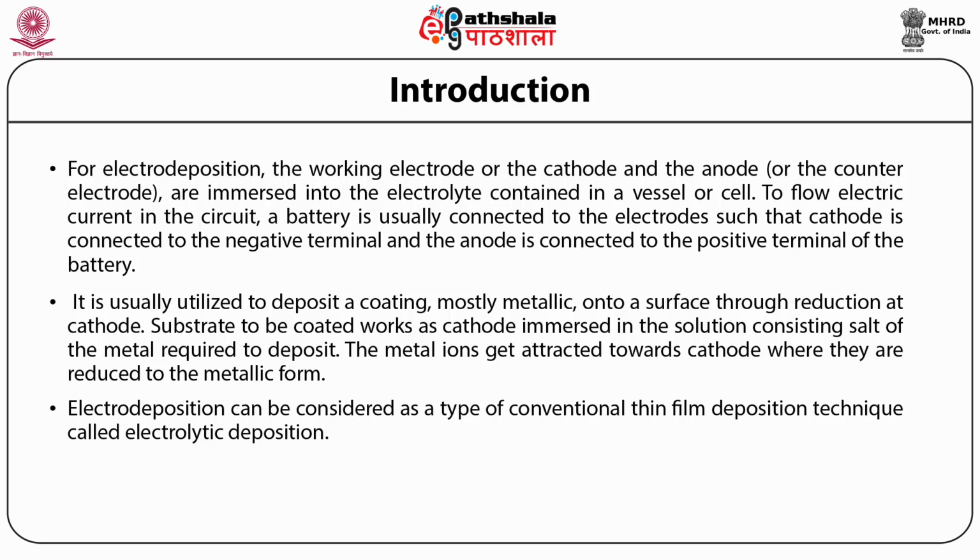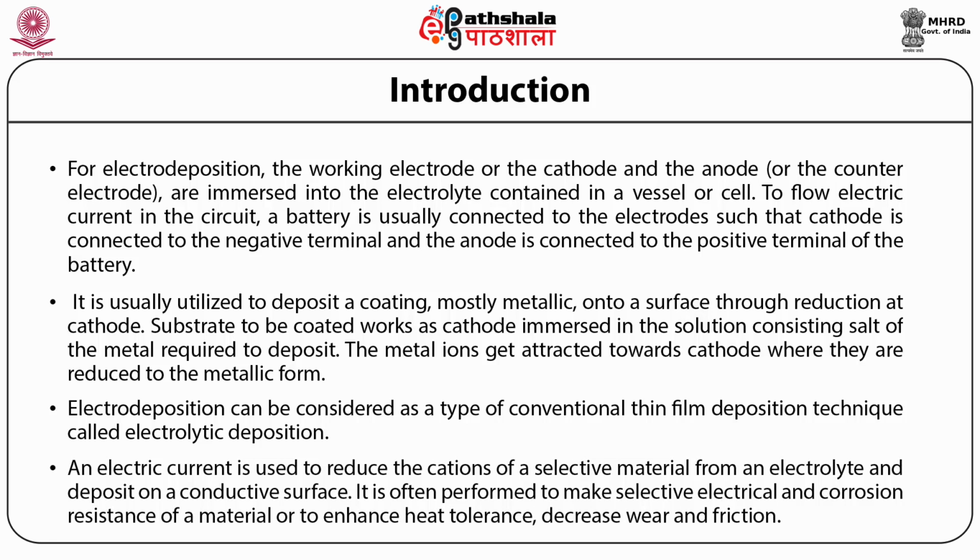Electrodeposition can be considered as a type of conventional thin film deposition technique called electrolytic deposition, and electric current is used to reduce the cations of a selective material from an electrolyte and deposit them on a conductive surface.